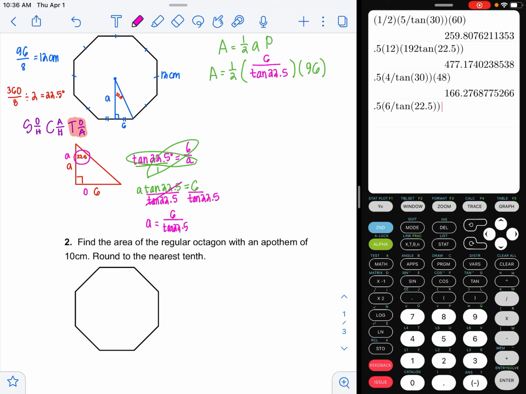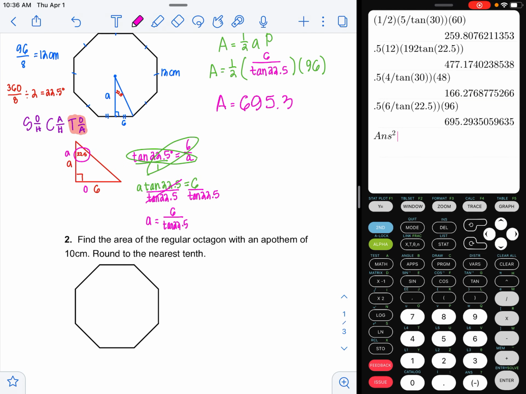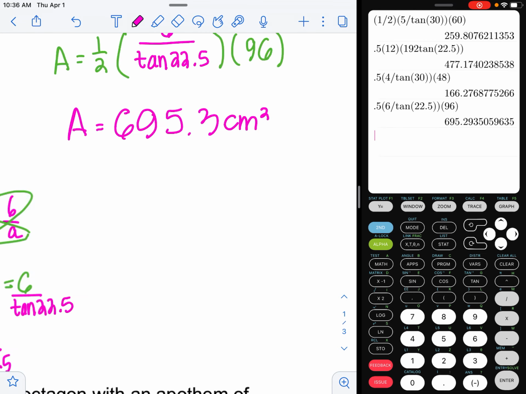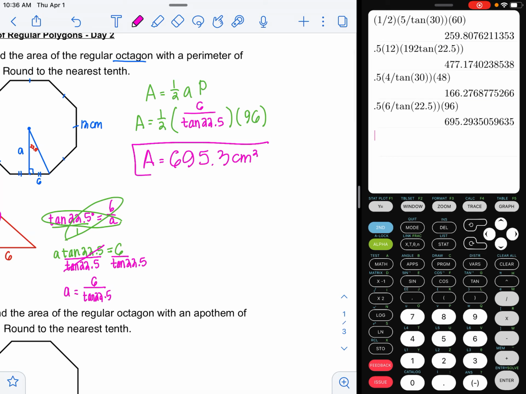Close the parentheses, close the parentheses. Parentheses 96, close the parentheses. And there's my answer. So I get area equals 695.3. Oops, I wrote that wrong. 695.3. And then I just need my unit, which is centimeters squared. And there's my answer.